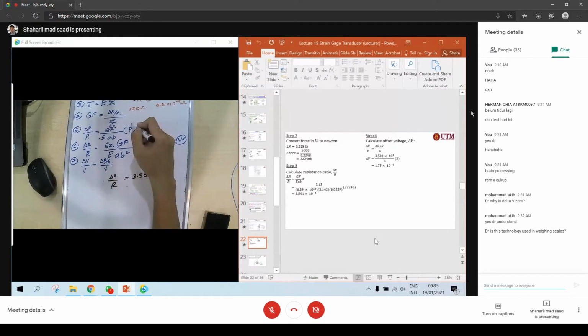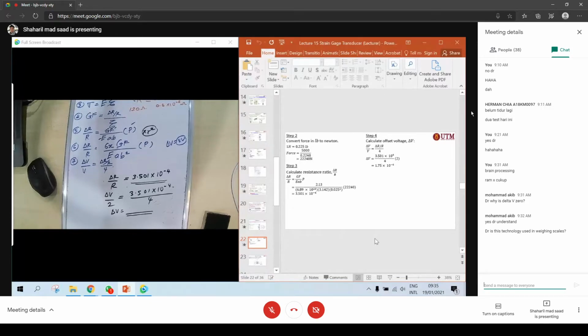Then the force P you apply is in Newton, 22240 Newton. Then you get delta R over R here. And delta V over V is given as 2, and then delta R, 3.51 times 10 to the power of minus 4, divided by 4, gives you delta V.